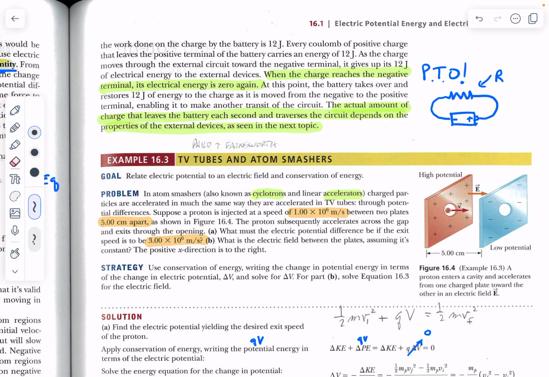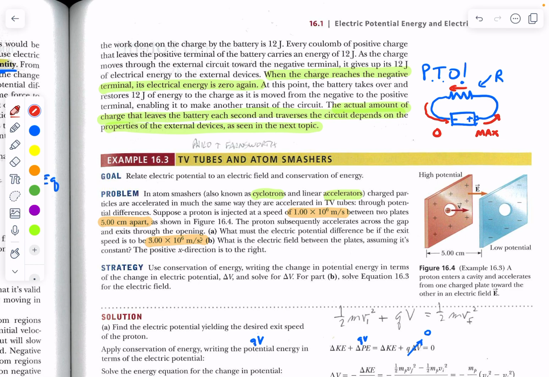By convention, we always say that my charge goes from the positive to the negative. Very important, from the positive to the negative. It always uses up its energy in the circuit. And then when it gets back home again to the negative end, it now has 0 electrical energy per charge. It goes from the maximum electrical potential energy per charge that the battery is capable of giving it.